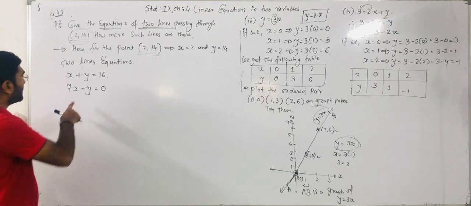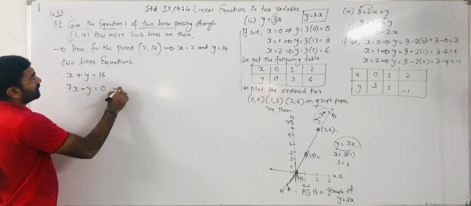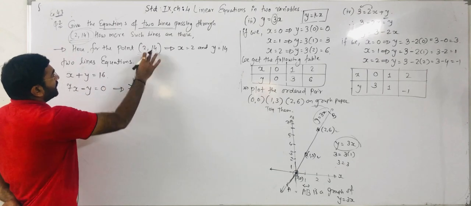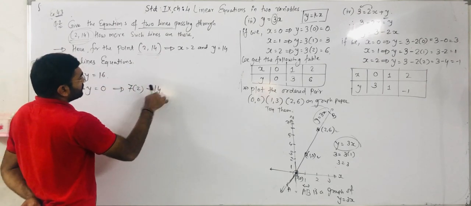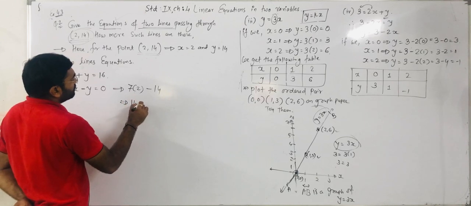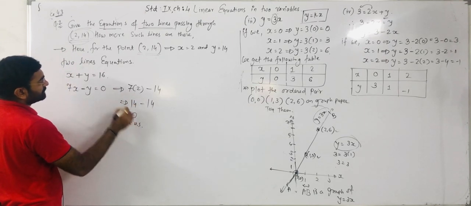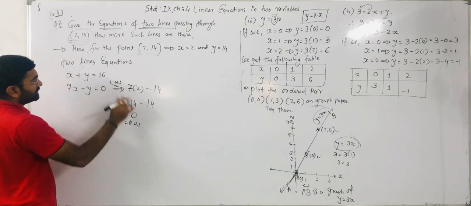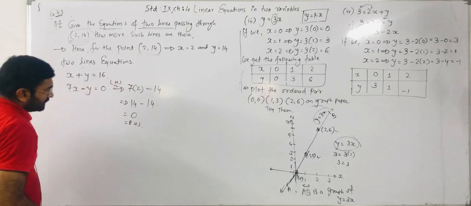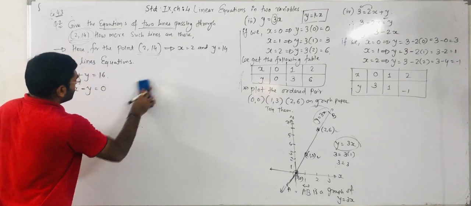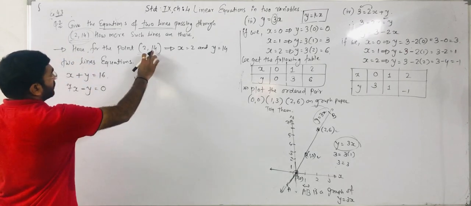How can we say this line is passing through that point? Put x as 2 and y as 14: 7 times 2 is 14, minus 14, so we get 0 on the left-hand side, matching the right-hand side. It is satisfied. That's why we can say this linear equation is passing through that point.